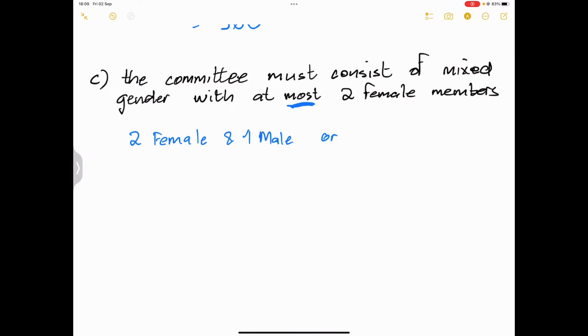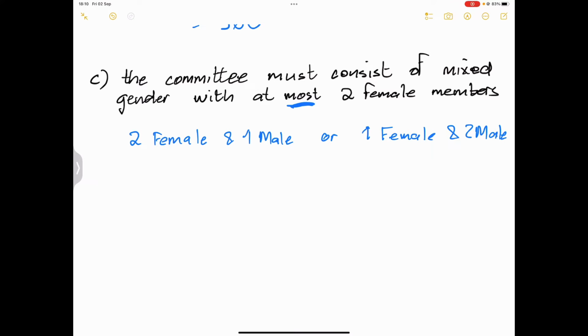Or in this case, you can have 1 female. Remember, they said at most, so 1 would still be acceptable. So 1 female and 2 males. So we're going to look at those 2 possibilities.